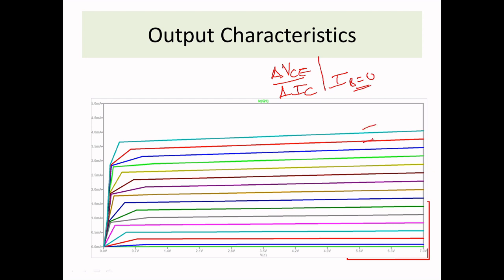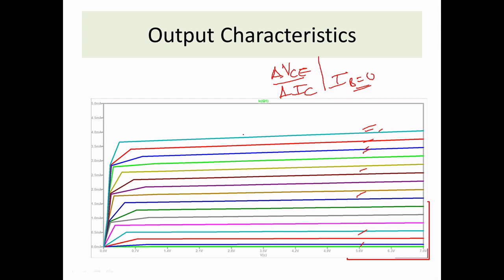I have plotted for different values of IB. In LTSpice you can keep your voltage constant, so with respect to the voltage your IB will also be constant. But in the theoretical part, we say the change of VC by the change of IC for different constant values of IB. So this is for each value of IB.